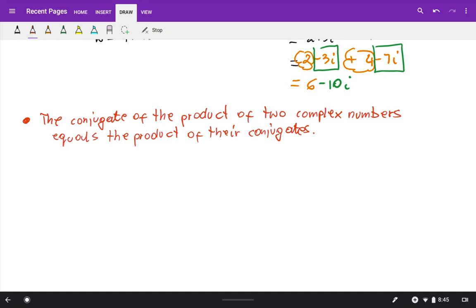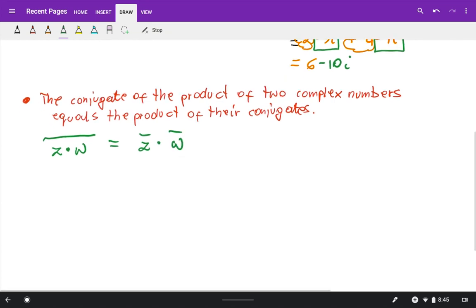Okay, so we have the conjugate of the product z times w, where z and w are two complex numbers, is equal to the product of their conjugates. Okay, so this is another useful theorem.